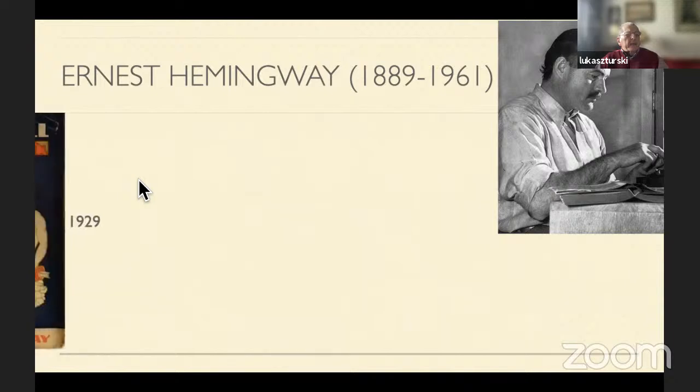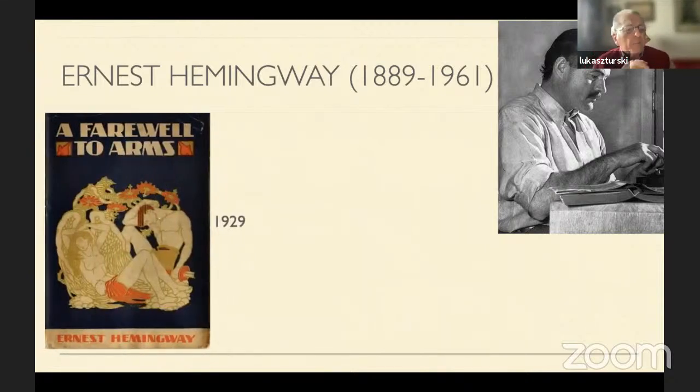And this is the title page of one of these most important books of our literature, A Farewell to Arms, which had been published in 1929, and that is a story, actually almost an autobiographical story of a young American boy who volunteered even before the American armies joined the war in Europe.